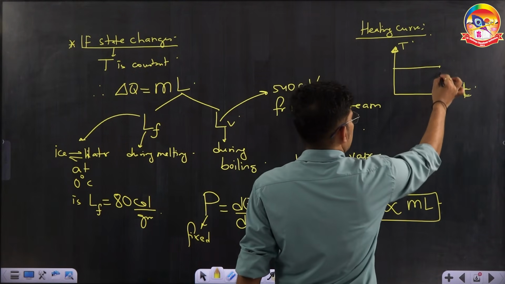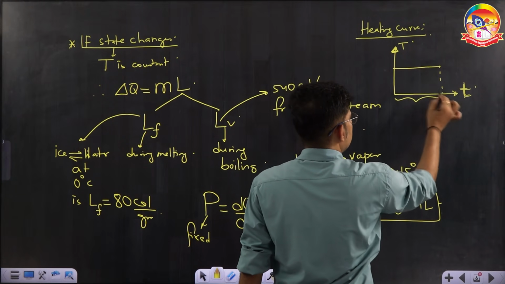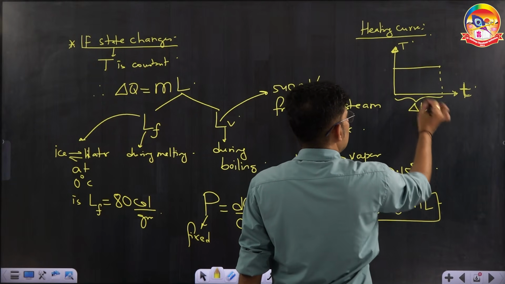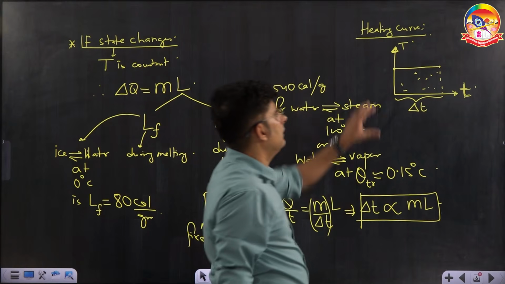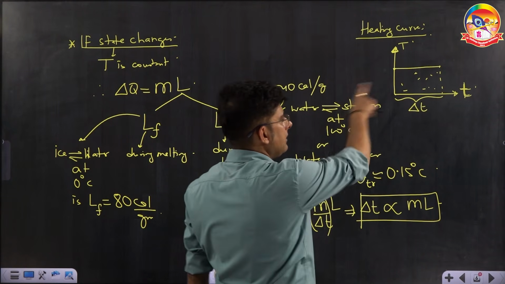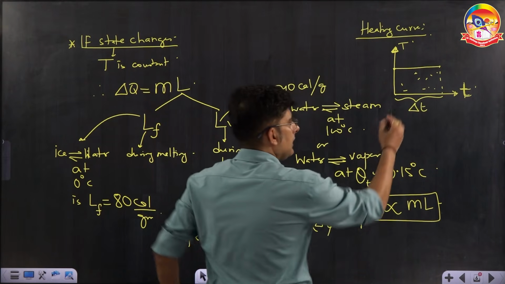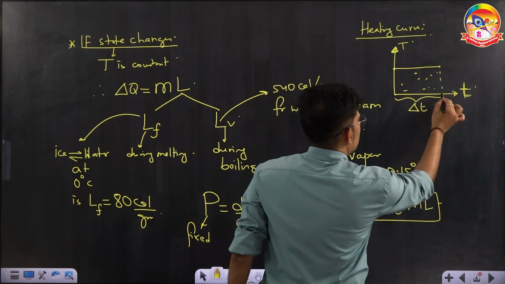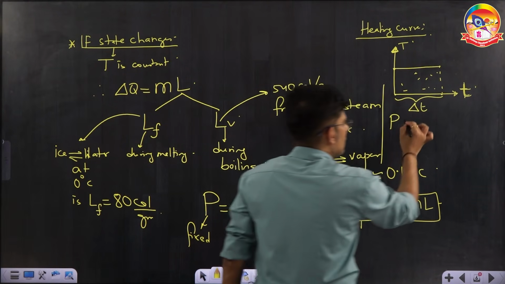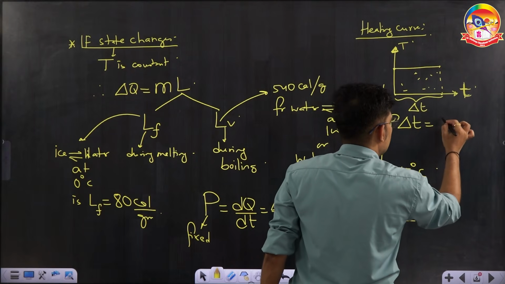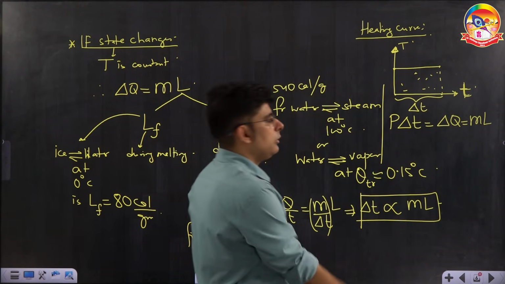So in this case, we can see if you find the area, this time is suppose delta T. If you see this area, here temperature is constant. So when temperature is constant, what we can say is that the heat supplied rate P into delta T will become the total heat delta Q, which will become equal to mL, mass into latent heat.